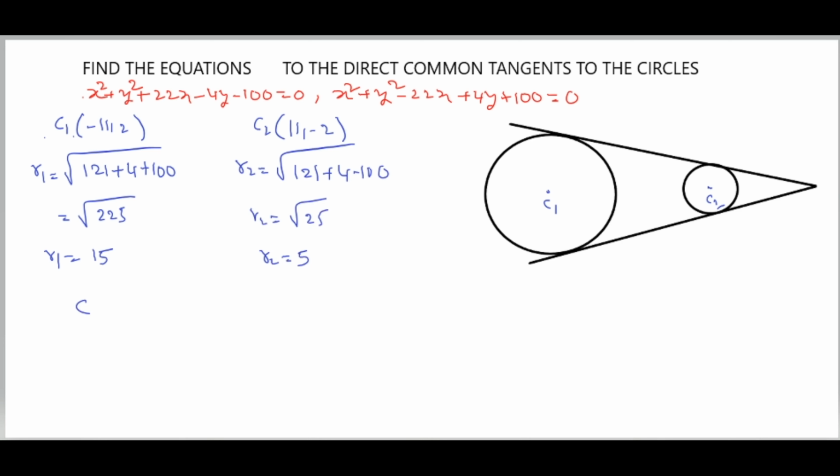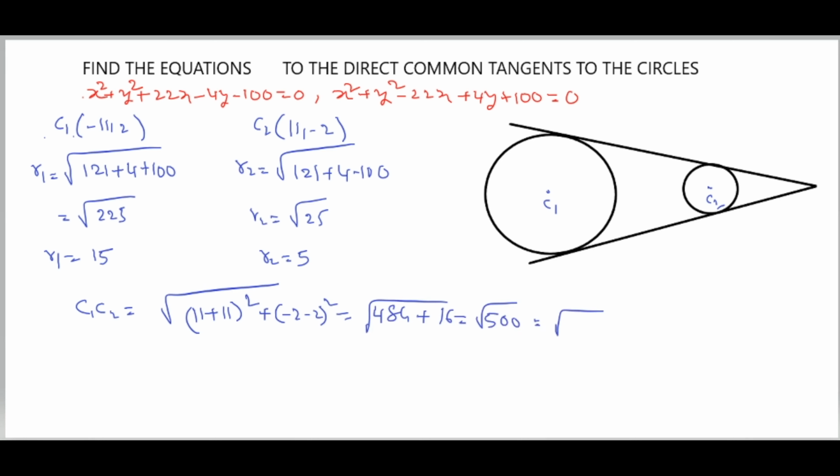Now we find the distance between the centers. C1 C2 is equal to under root of (11 plus 11) whole square plus (minus 2 minus 2) whole square. 11 plus 11 is 22, that is 484, plus minus 2 minus 2, that is minus 4, 16, under root of, that is equal to root 500. Root 500 is written as root 5 into 100, that is equal to 10 root 5.